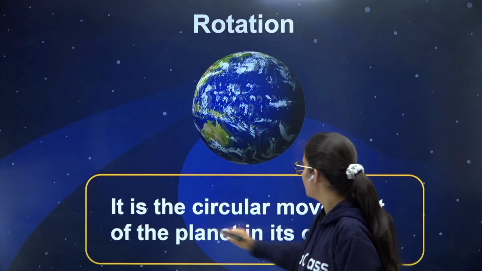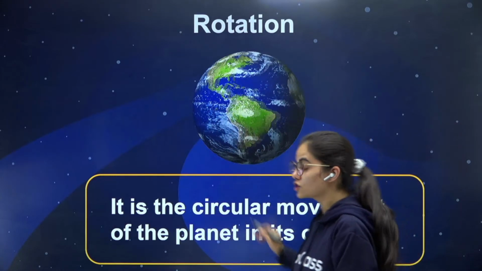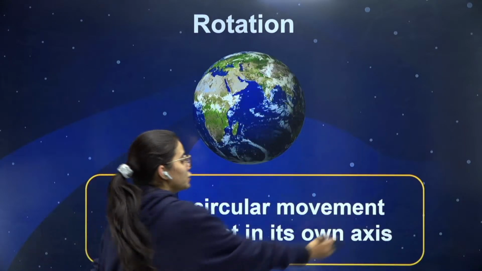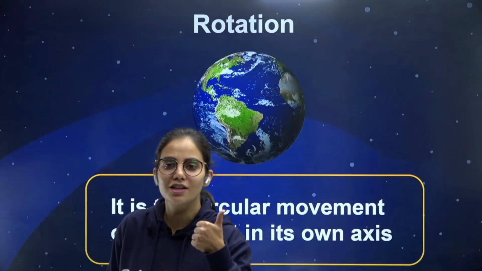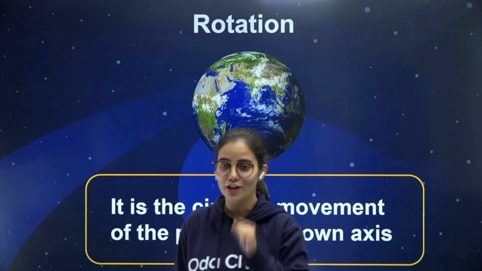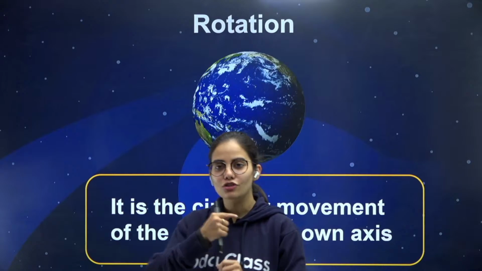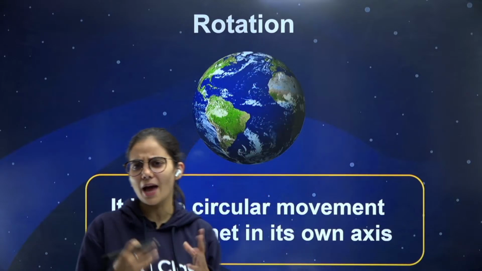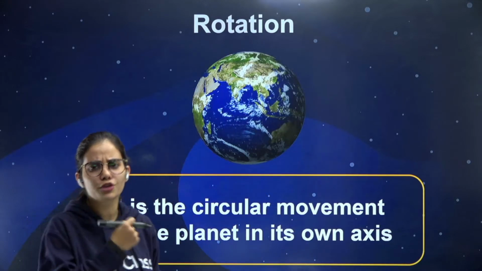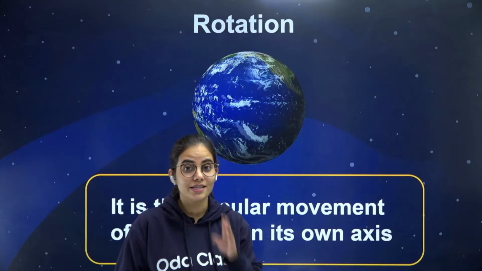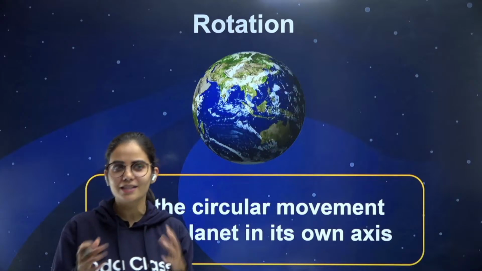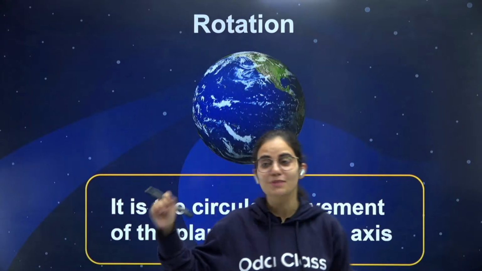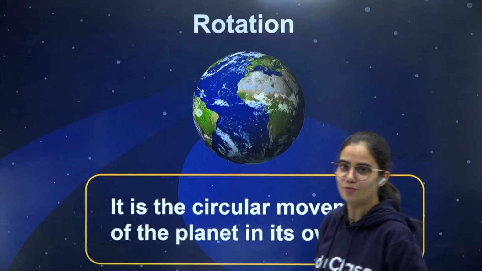The circular movement of the planet in its own axis. So, we have to remember two things: circular movement, second thing, moving on its own axis. So this is rotation. And what happens when the Earth is doing rotation? It causes day and night. So yes, of course, the day and night that we experience, this is because of this specific movement.